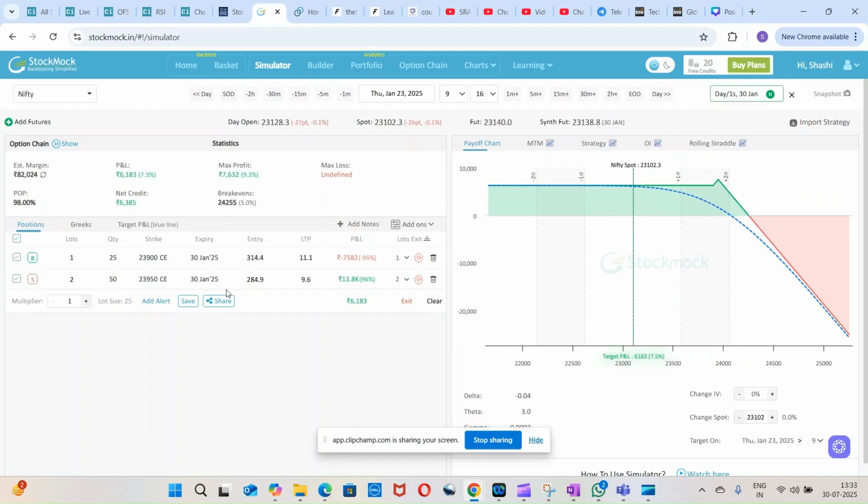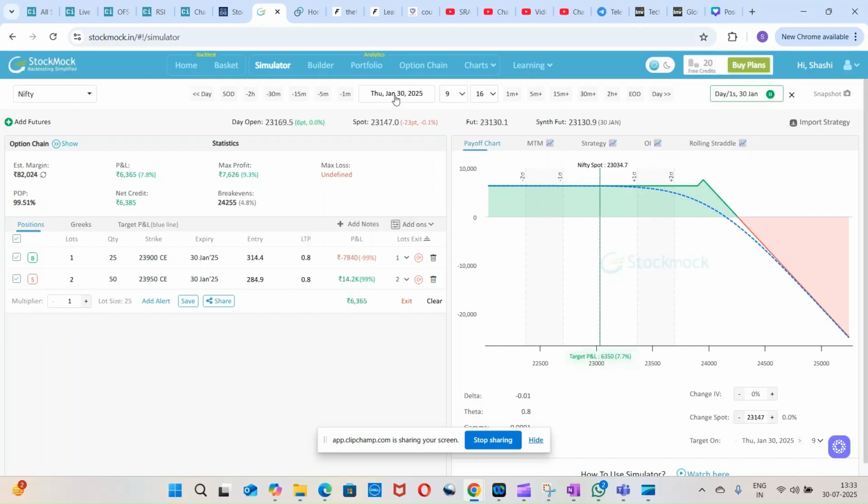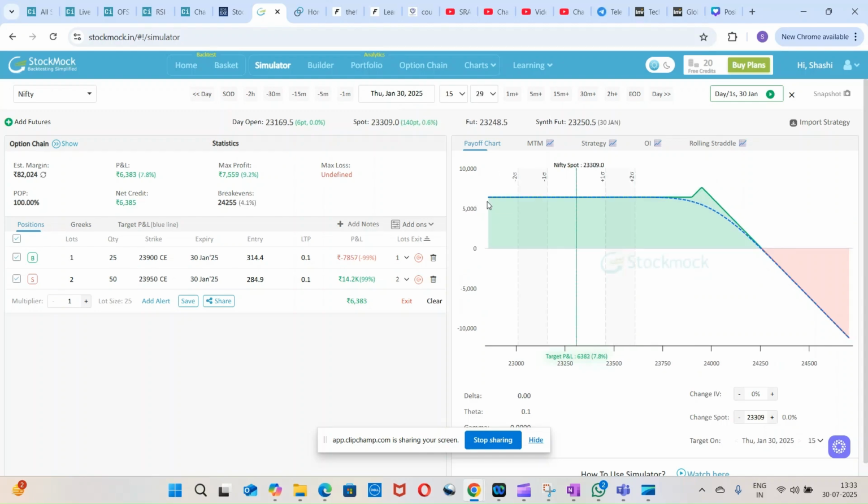So you can exit at this time. There's no hard and fast rule that you need to stay till the end of the month, because no matter if you stay, unless it comes here, you won't make extra money. Okay. So we made around 7.8% for the month of January.